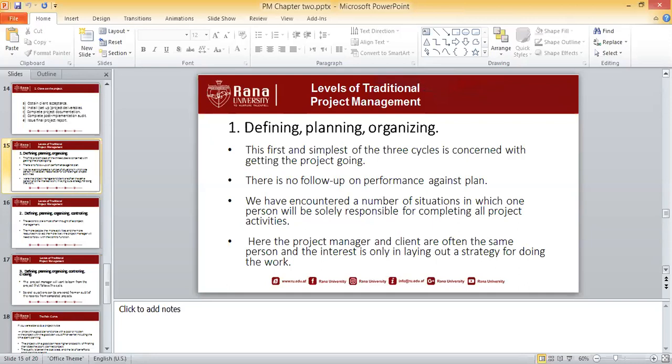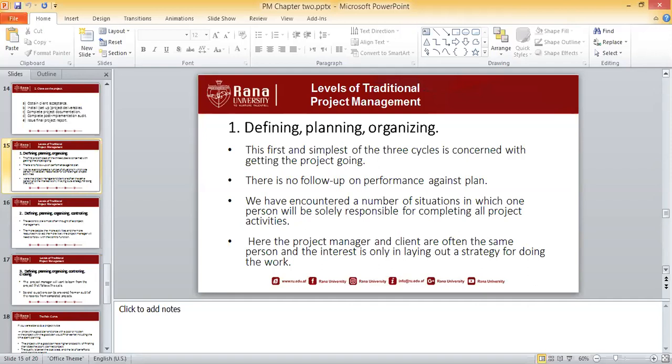Apart from these, for example, if a carpenter wants to prepare a table for himself for the house, here the carpenter is working on the project. He himself is the project manager, and he himself is the client. So he will be following only the defining, planning, and organizing functions.